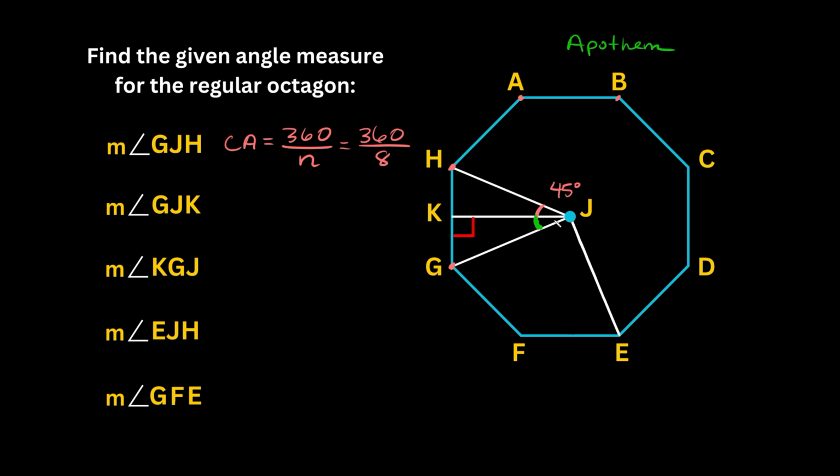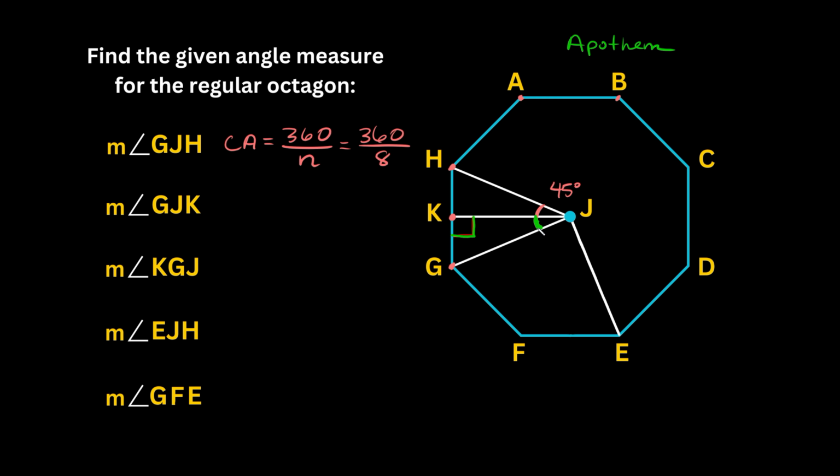An apothem is just a line segment or a distance that goes from the center of your polygon to the midpoint of one of the sides. And specifically, it creates this perpendicular angle with the side of the polygon. This line segment, the apothem, is basically the same thing as the height or the altitude of the triangle. So if we know that this apothem hits this line segment right here at the midpoint, that means this distance is the same as this distance.